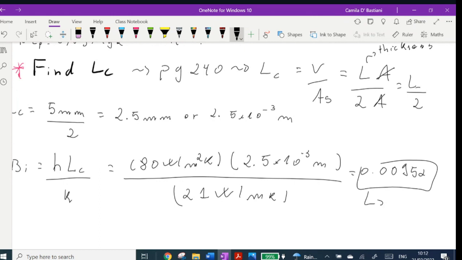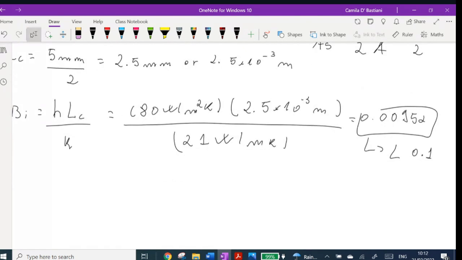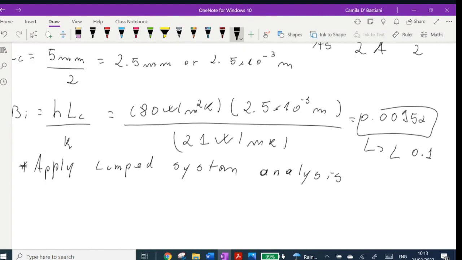This number is lower than 0.1, therefore I can use my lumped capacitance, my lumped system analysis, okay? So you heard the word transient, or you saw something that changes with time, or that a change with time is implied.